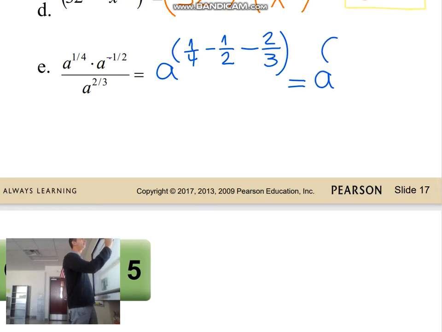We will add fractions, so we need to find the least common denominator, and we have denominators 4, 2, and 3. It's going to be 12, the denominator. And for the first fraction, the numerator is 12 divided by 4, 3, 3. 12 divided by 2, 6, 6. 12 divided by 3, 4, times 2, 8.